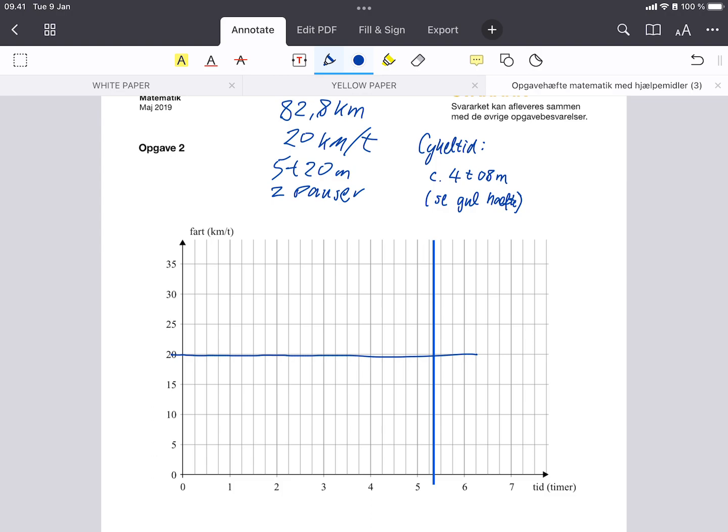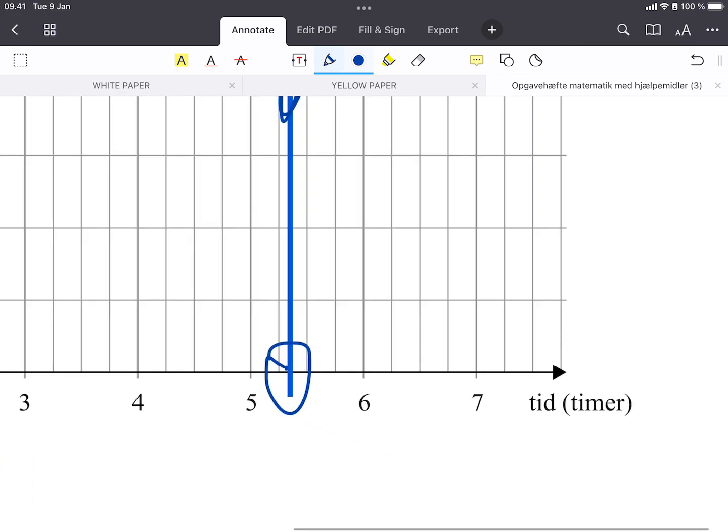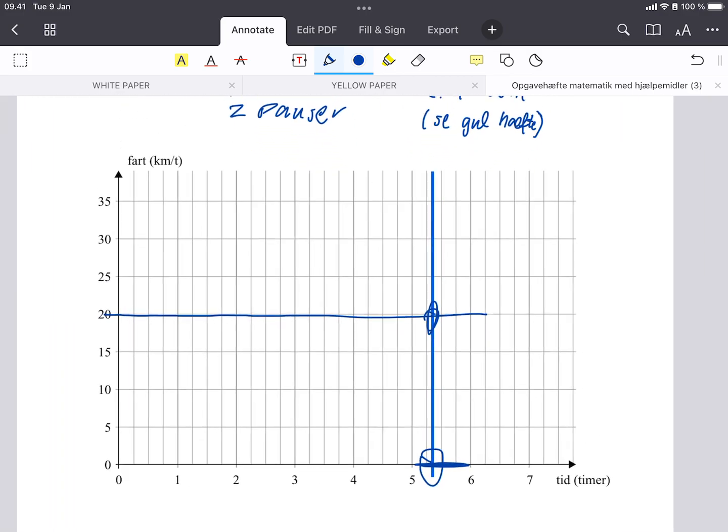The journey is 5 hours 20 minutes, and I already put a marker at 5 hours 20 minutes earlier on to show where that is. And it's a bit irritating actually that this paper is divided into 15 minutes rather than 20 minutes, but there you go.